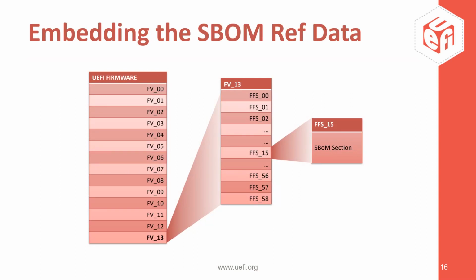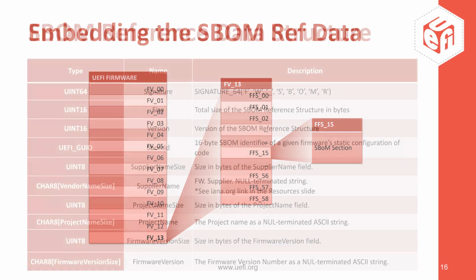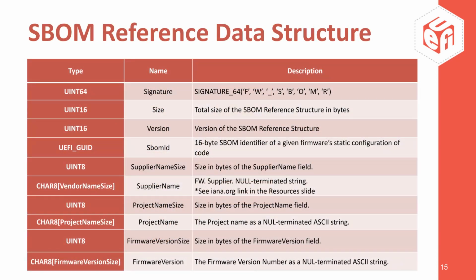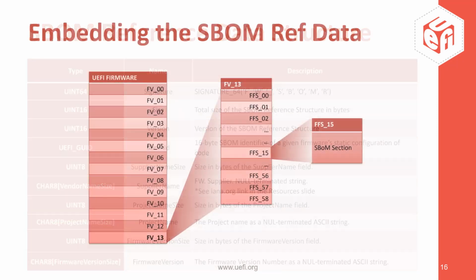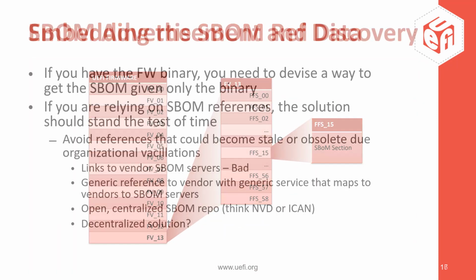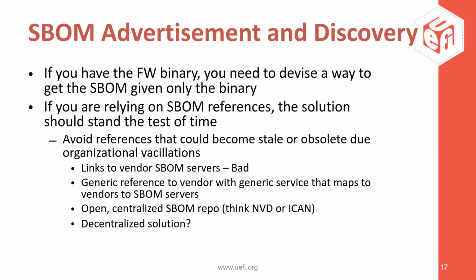And then the SBOM reference can be embedded into the firmware using the FFS structures. But the data structure also has a signature and the size, so it's potentially possible to just write a tool that scans the ROM image, just looking for a signature. And yes, with that, I'm passing back to Brian.